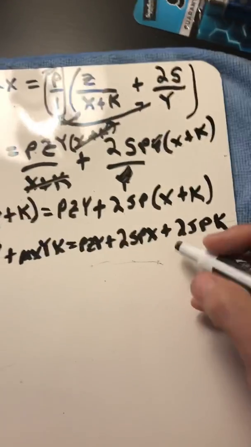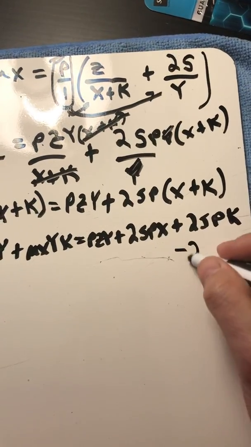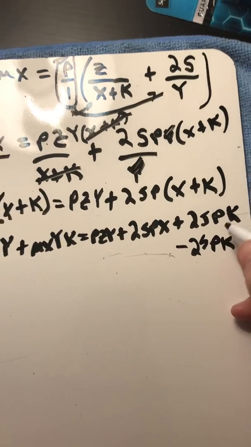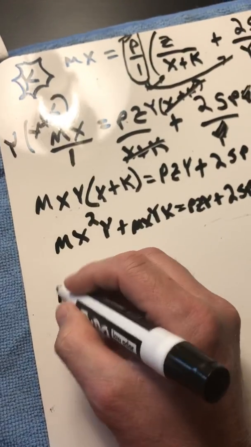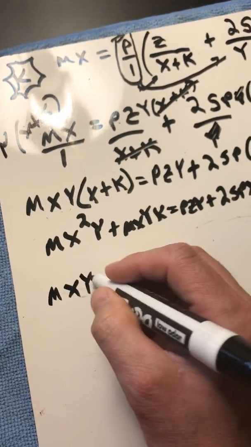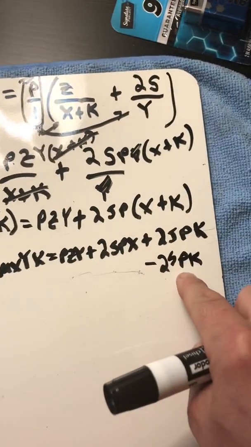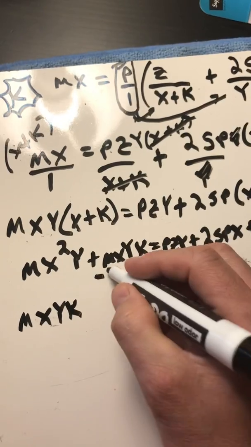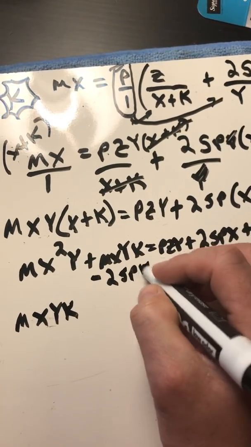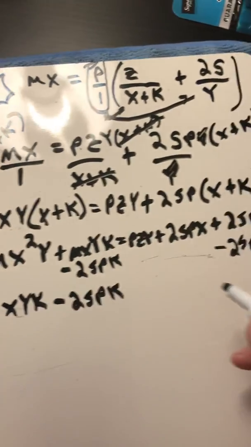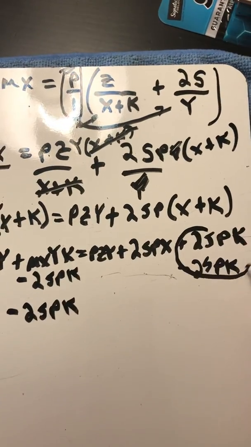So first thing, I'm going to subtract 2spk and bring it over here. So mxyk, there's that term because it has a k in it, minus 2spk because it also has a k in it, right? So now those cancel.